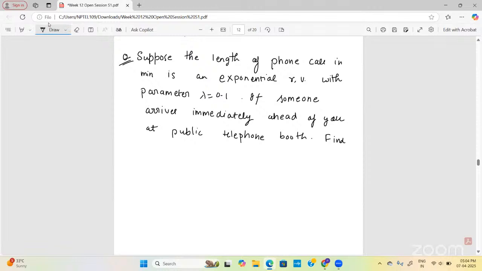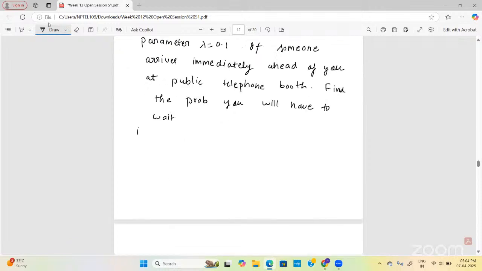So find the probability you will have to wait. Okay, so the first part is that you will have to wait more than 10 minutes.